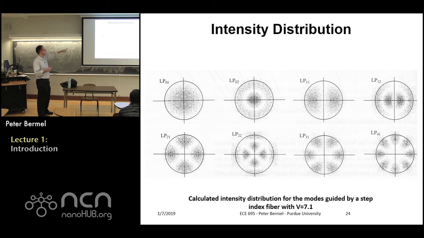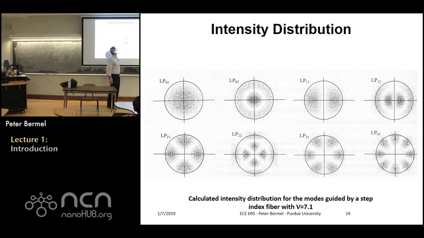So that's very useful, of course. This is also showing you, if you took a relatively large V number and looked at the intensity distribution of each of these modes, what do they look like? You can see this LP01 mode, the lowest order mode, is typically confined in the center and gradually reduces as you go out. There's also this LP02 mode in which you have a node halfway out to the edge of the system.